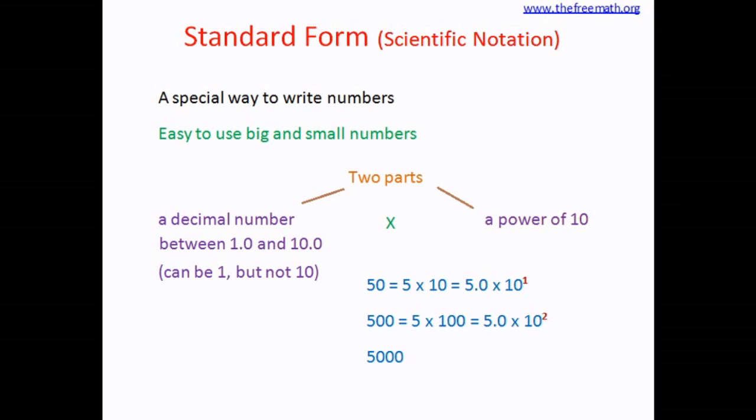And for 5000, 5000 equals 5 multiplied by 1000, and 1000 is 10 to the power of 3. So this equals 5.0 multiplied by 10 to the power of 3. So all these numbers, 5.0 multiplied by 10 to the power of 1 or 2 or 3, are written in the standard form or scientific notation.